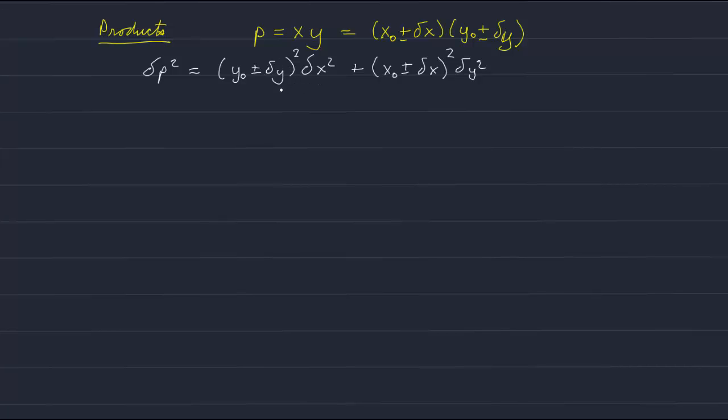But if we assume that the uncertainty in y is small compared to y naught, then any product of uncertainties, in this case delta y times delta x squared, will be a lot smaller. So let's do that. We'll assume that the uncertainties are smaller than the measured values, and we'll throw out products of uncertainties.